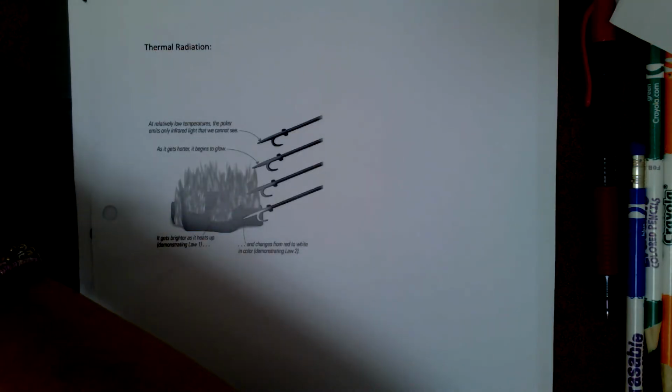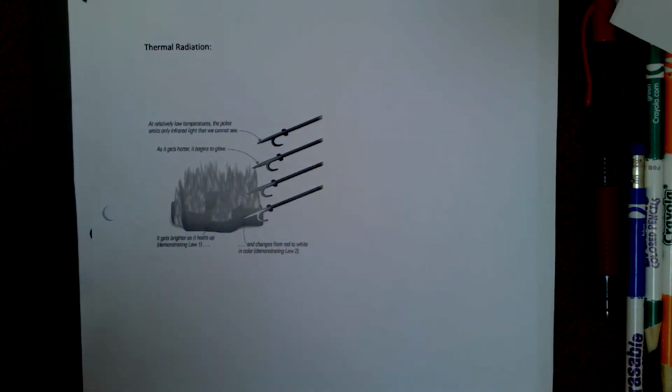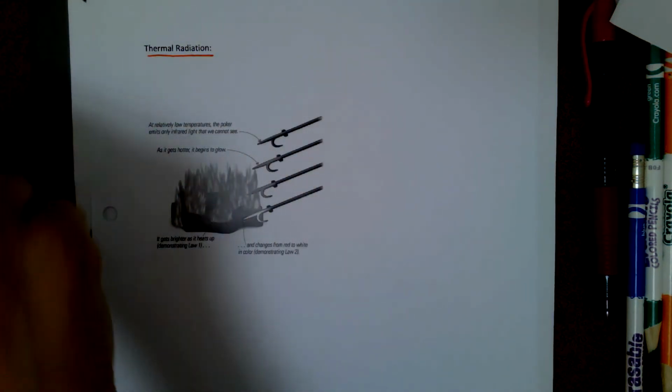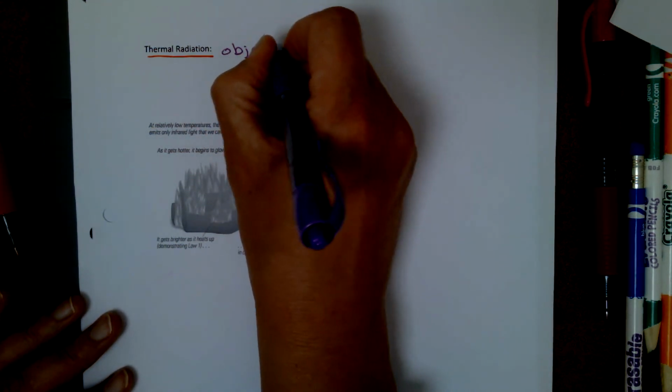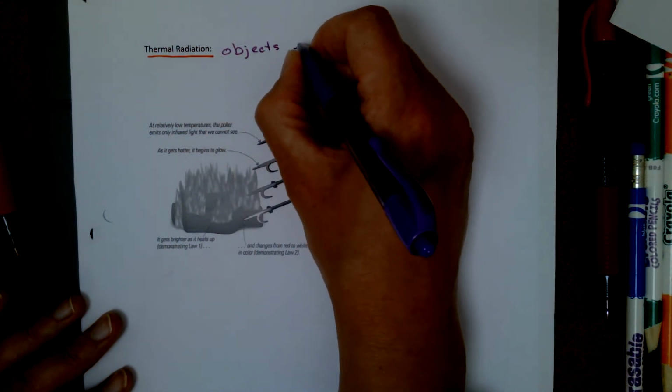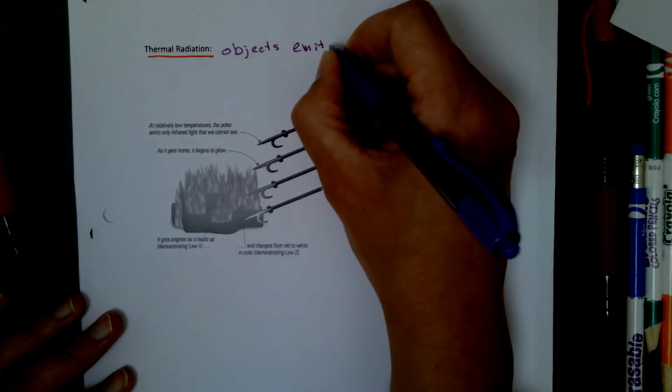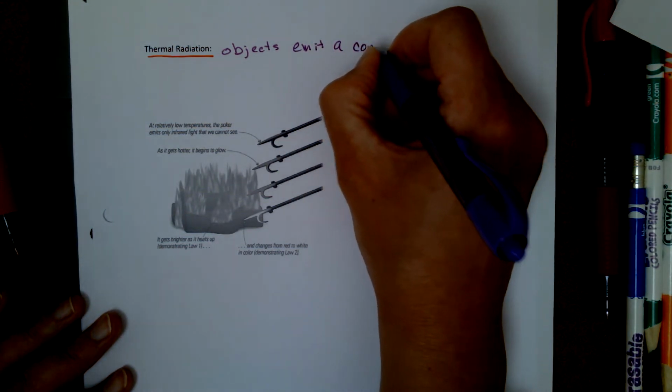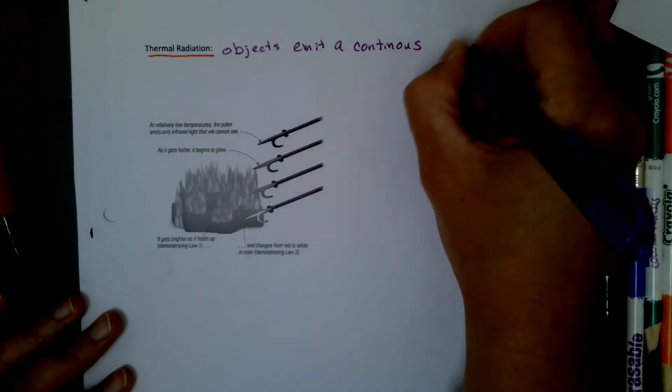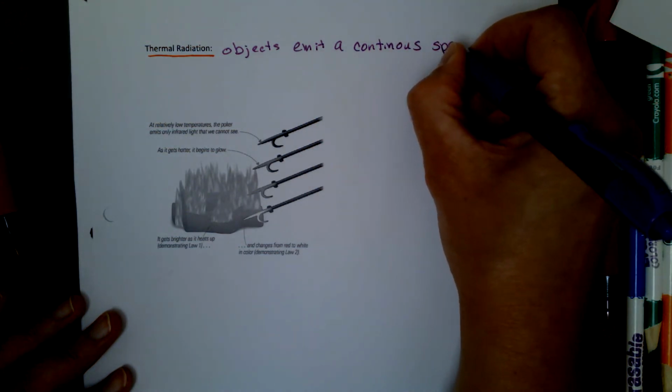So this thermal radiation, the definition, so let's underline it here. Thermal radiation: objects will emit a continuous spectrum.